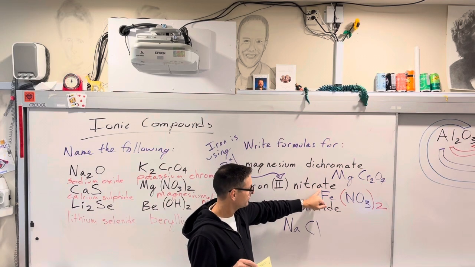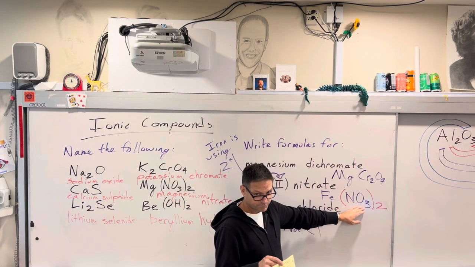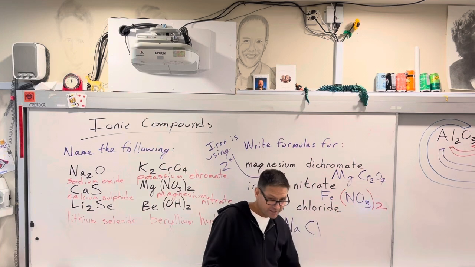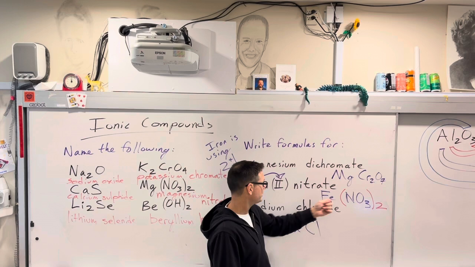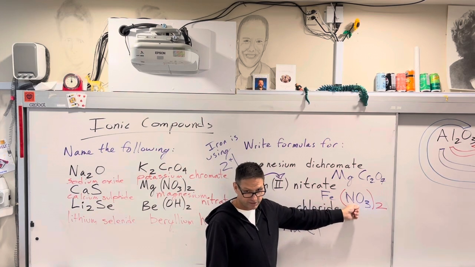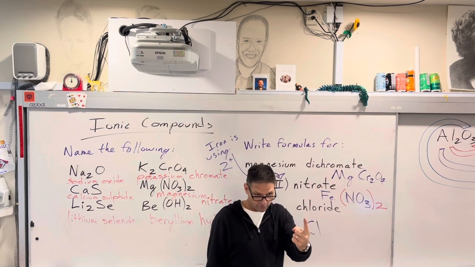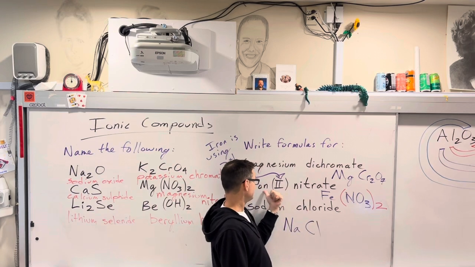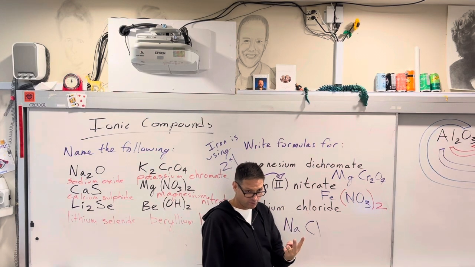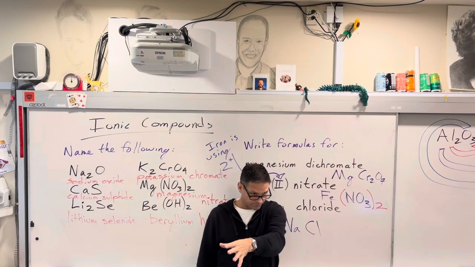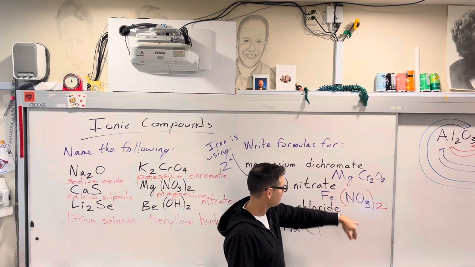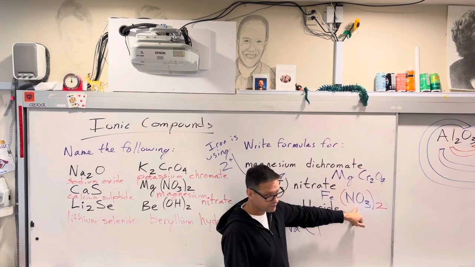And nitrate is NO3, so you put the NO3 there. But this time you need more than 1 nitrate. So I said that Leo and Dennis were both nitrates. They both needed 1 because the charge is -1. But this iron is a +2, so I was the iron and I had to give 1 to each of them. So to make a compound, you only need 1 iron, but you need 2 nitrates.